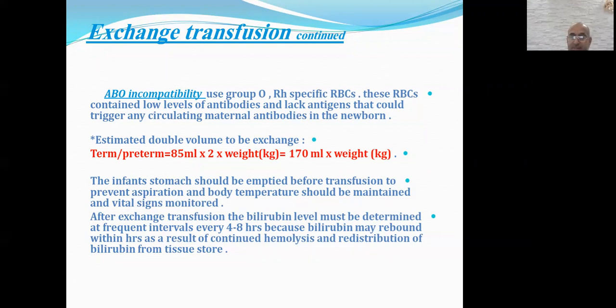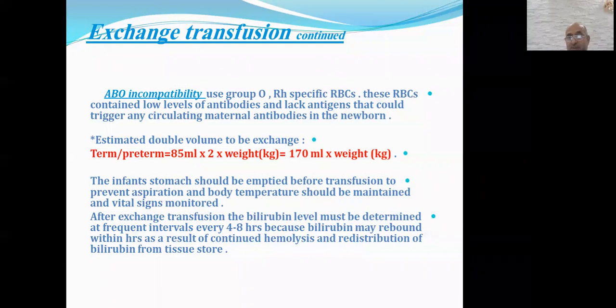Because the newborn contains about 85 ml of blood per kg. By 2, we can make the exchange twice, multiplied by weight. So this equation is important for estimation of the blood needed for exchange.